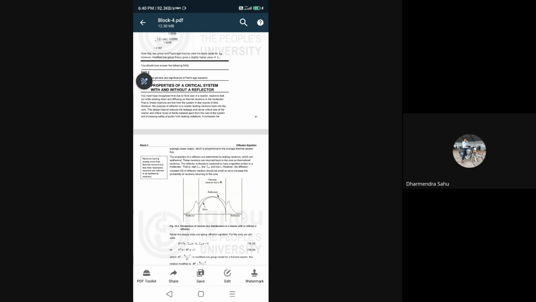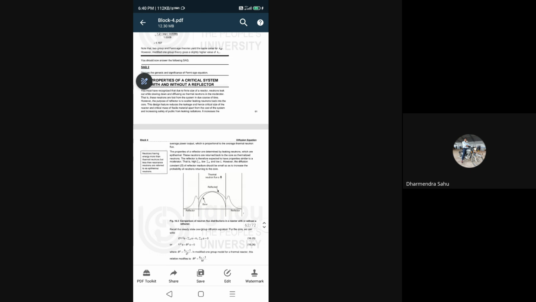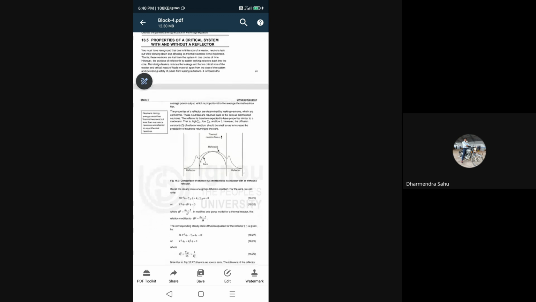Neutrons having energy more than thermal neutrons but less than resonance neutrons are referred to as epithermal neutrons. And you can have a comparison of neutron flux distribution in a reactor with or without a reflector, shown on the screen. The solid line is for the bare one and the dotted line is for the reflected one.